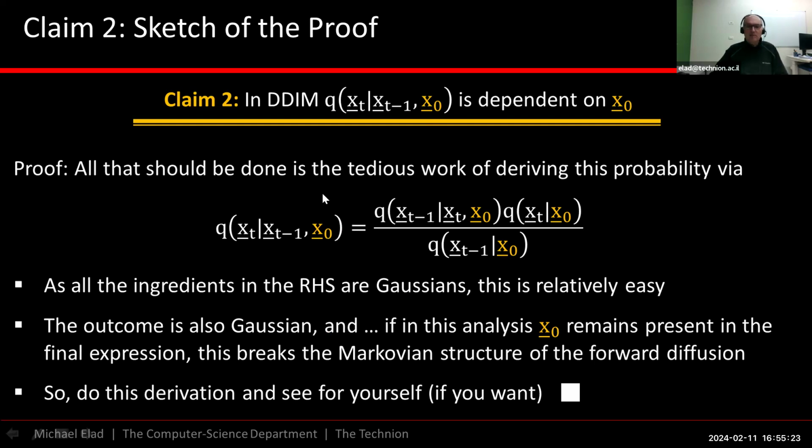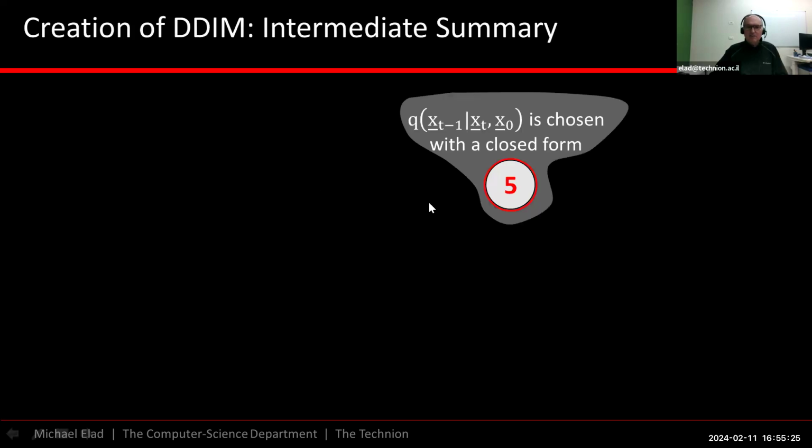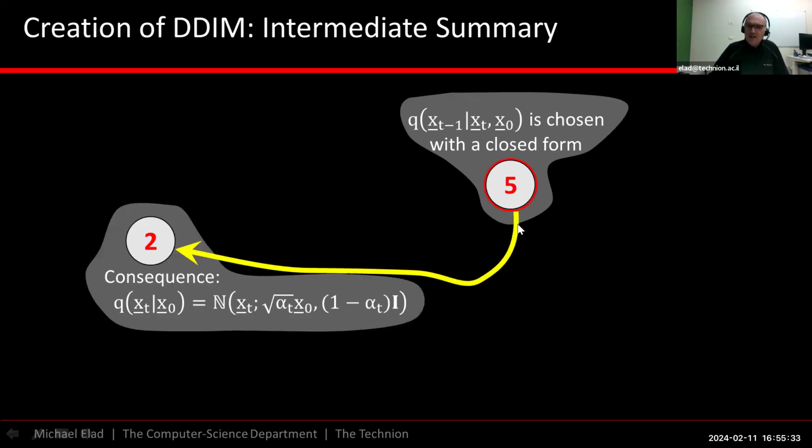Okay, so 2 claims. So let's summarize. We started with step number 5, with a specific choice of Q that goes backward with the knowledge of x0. We have seen that it implies step number 2 that says there is a connection between every xt and the clean image as an additive noise, and therefore the denoiser is the same.